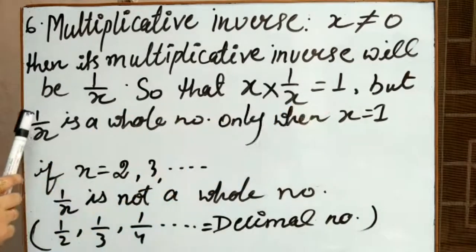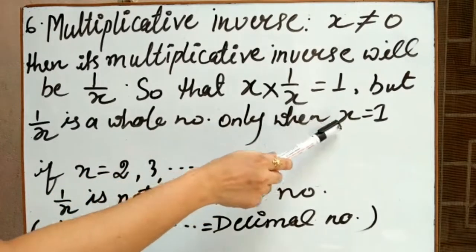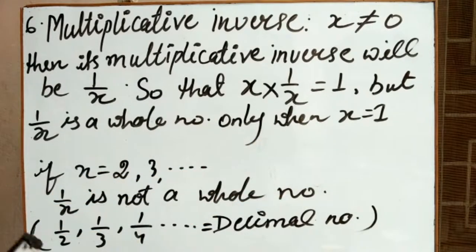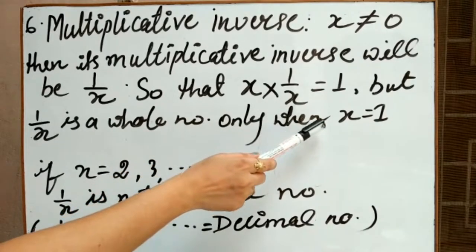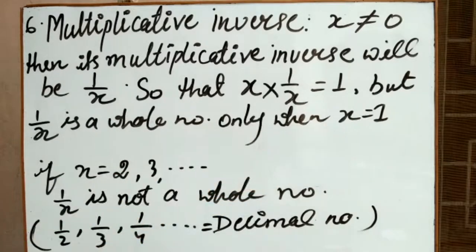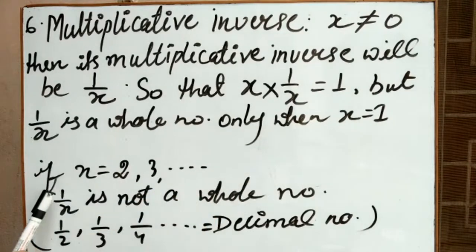But 1 upon x is a whole number only when x is equal to 1. For any other whole number like 2, 3, 4, 5 and so on, 1 upon x is not a whole number. How?